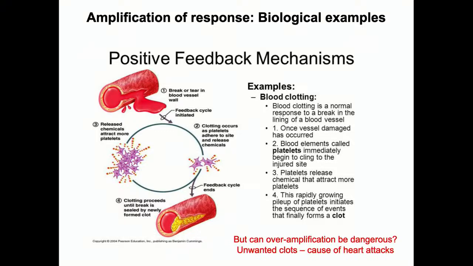Now we have to be careful here because unwanted clots are a cause of heart attacks. You don't want your blood to be clotted randomly, right? So there has to be some signal which cuts off this positive feedback loop. In the childbirth case, what was happening? The child being born, signal is gone.